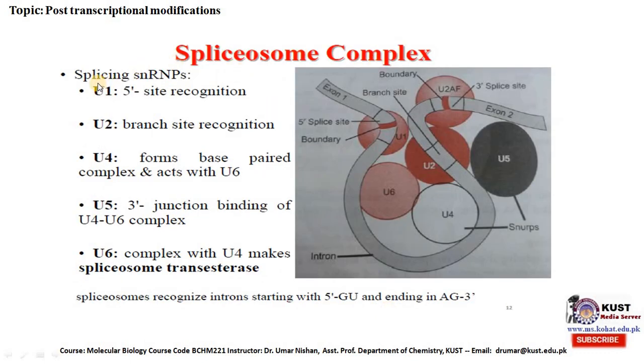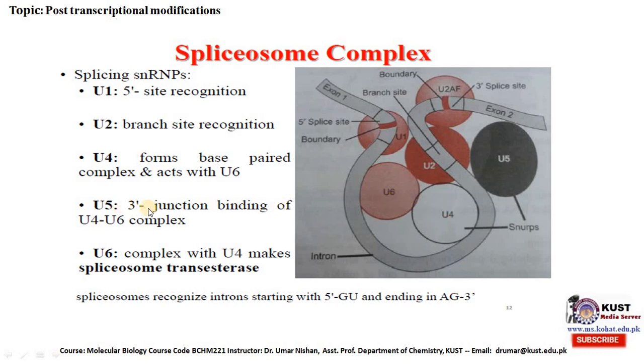Spliceosome complex: splicing snRNPs, it consists of 5 different units. U1 is 5' site recognition here. U2 function is branch site recognition, you can see here. U4 forms a base-paired complex and acts with U6 here.